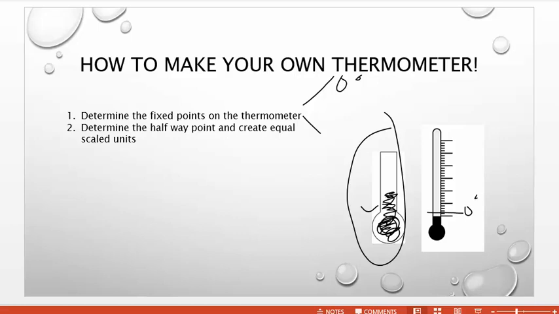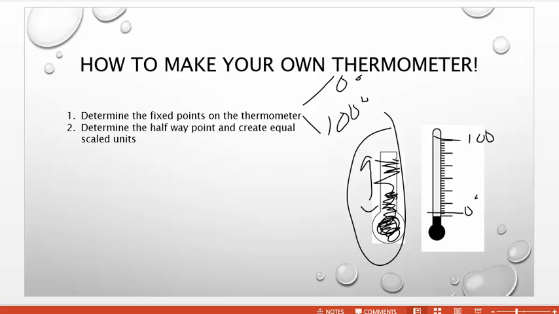And then you're going to put it into boiling water. Now, boiling water at our altitude will boil at 100 degrees Celsius, which is again why we use the Celsius scale. Let's say that when you put it in there, the red comes up to here. You're going to mark where it comes up, and let's just say that it goes to there, that is the 100.